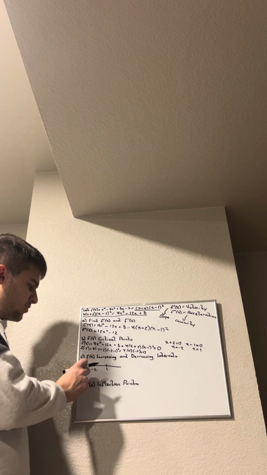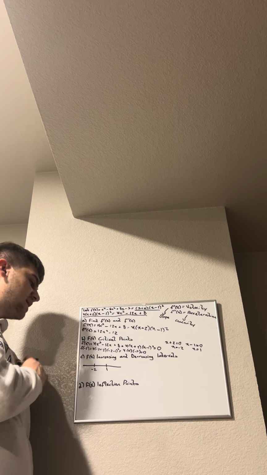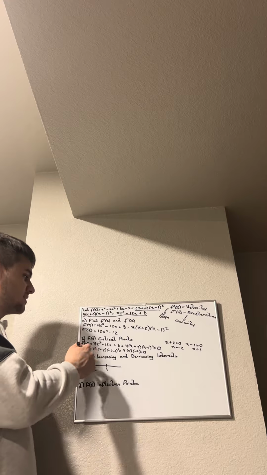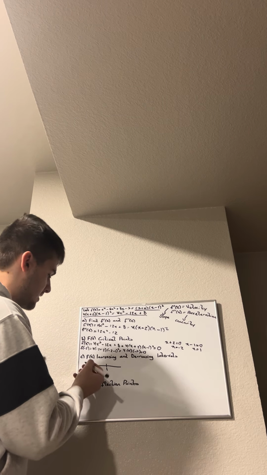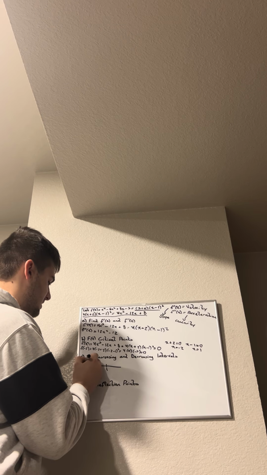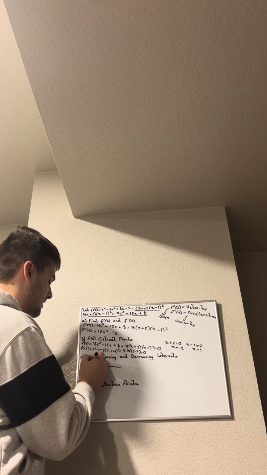So now we want to take different points and test them out. We can take a point from -infinity to -2 in order to plug into the f of x in order to test it out. We can take something that's going to be simpler, so f of -3.